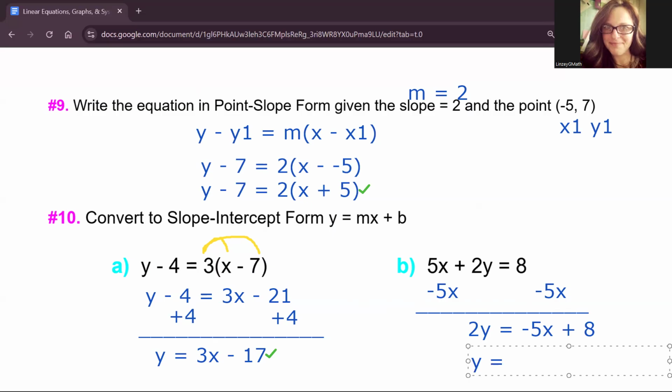Negative 5 divided by 2, negative 5 halves, x. And 8 divided by 2 is 4. Here is this equation in slope-intercept form. And now you can clearly see that the slope is negative 5 halves and your y-intercept is 4.